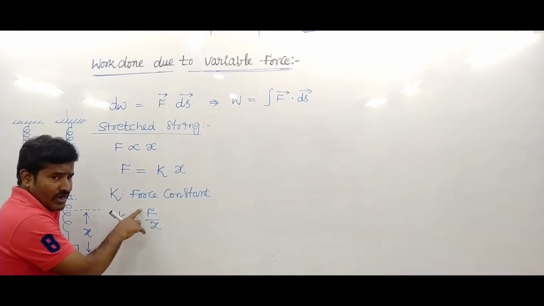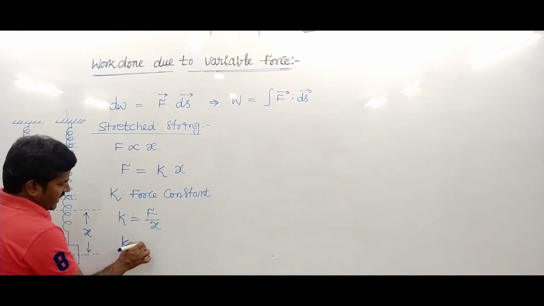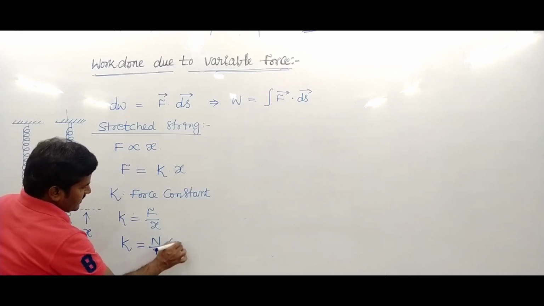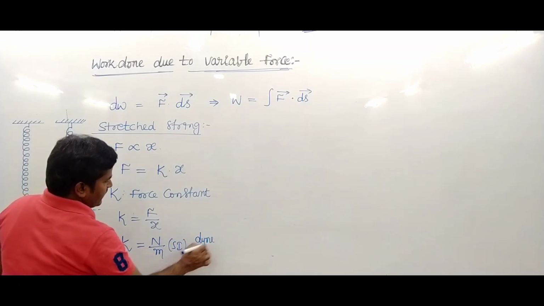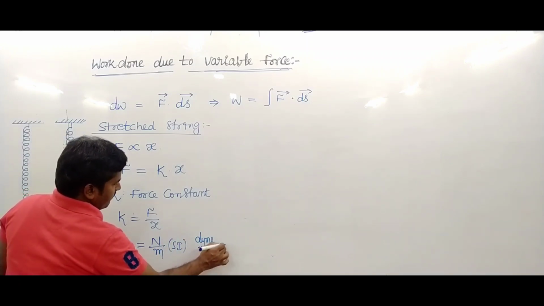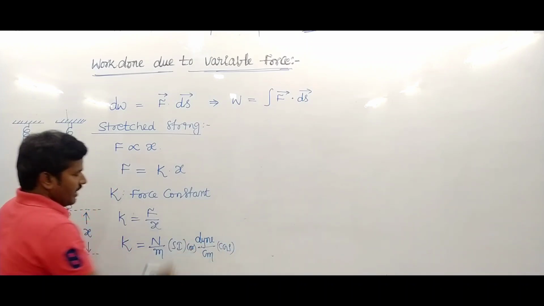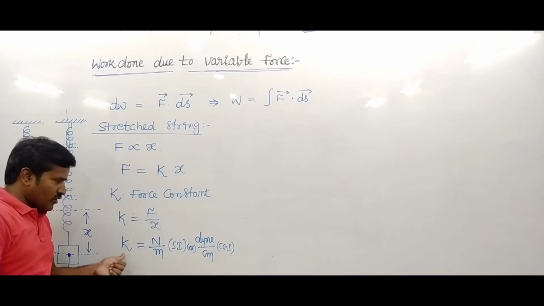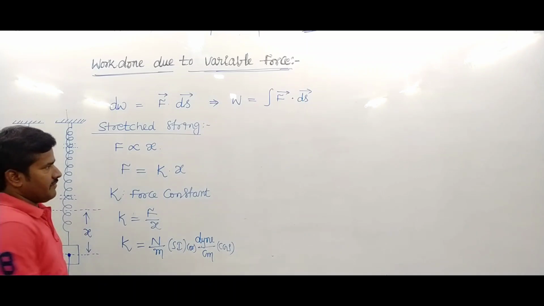Then k equals F upon x. The unit of k is newton per meter in the SI system, and dyne per centimeter in the CGS system. This is the force constant, k equals F upon x.